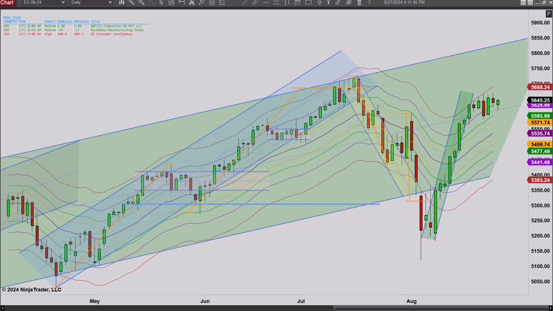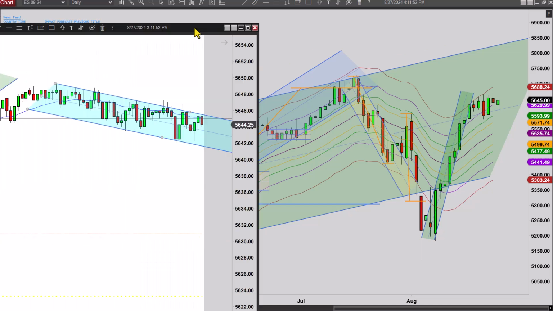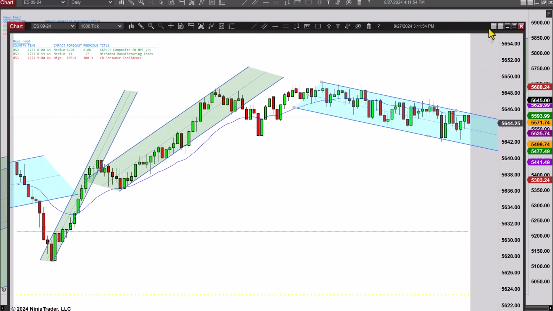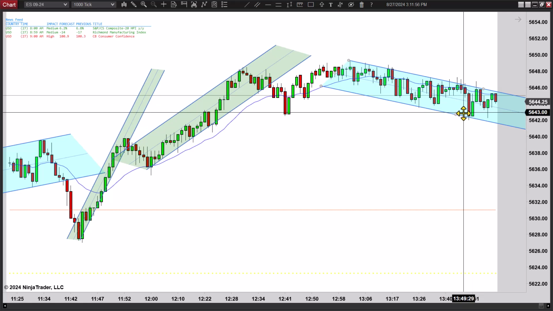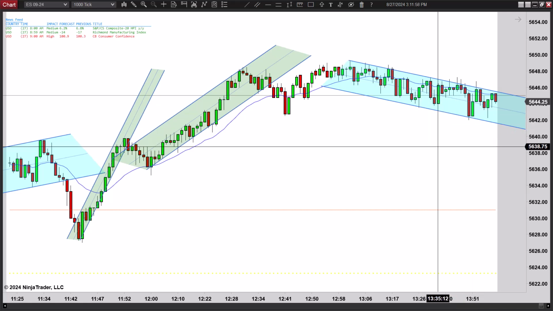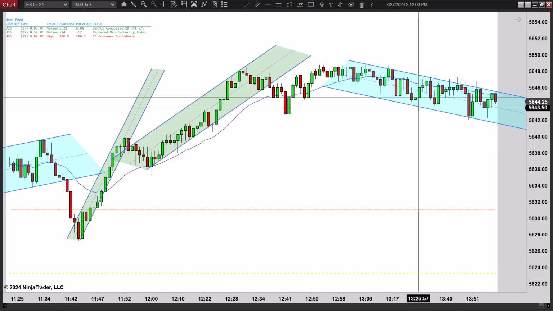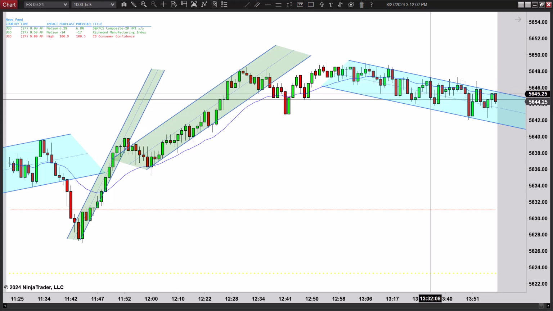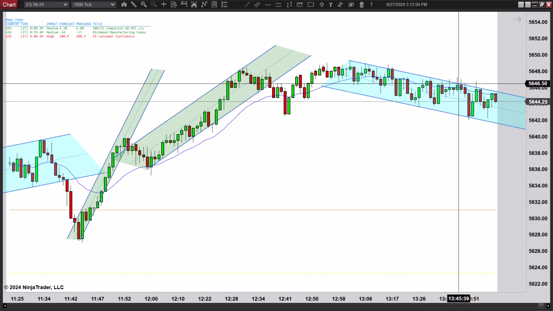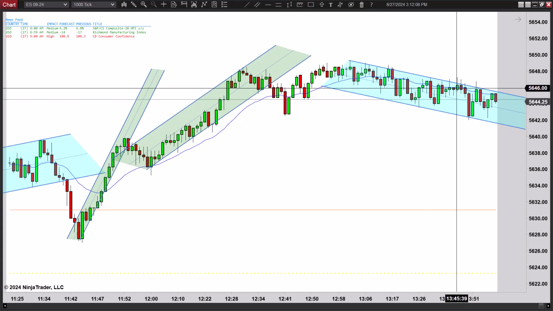I know that this is just looking at one small part of the 1,000 tick chart. Let me get it on here. This is just one small part of it, but I noticed that you get a second entry here, you get one here. That one's close. Does that one qualify?